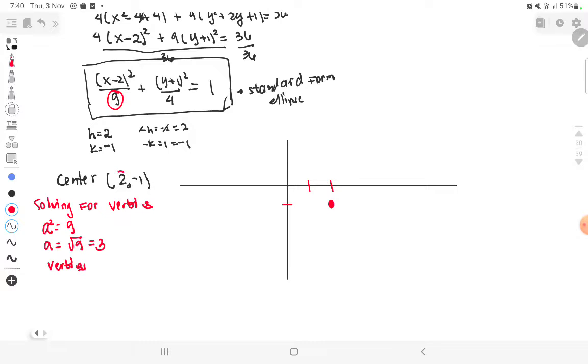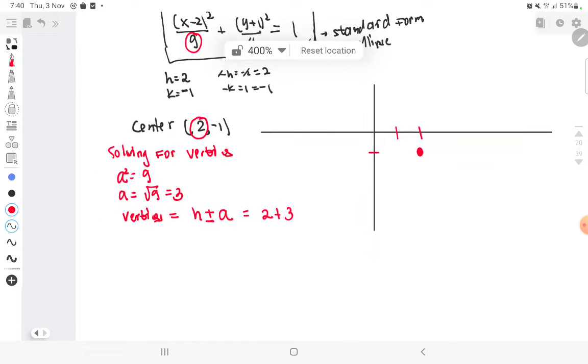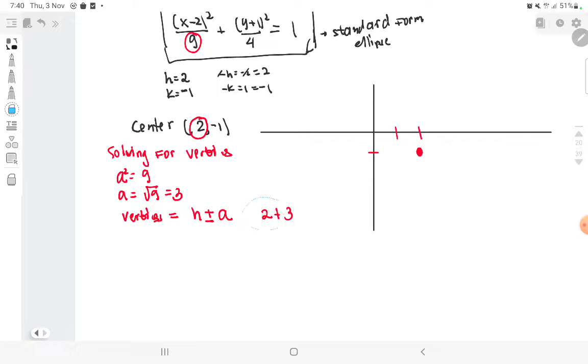Take note that we already have our h, which is 2, so therefore we will have h plus minus our a, wherein we have 2 plus 3 at vertex 1. Okay, so I will just resolve it below, right?